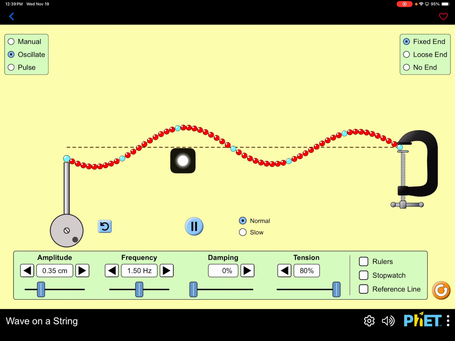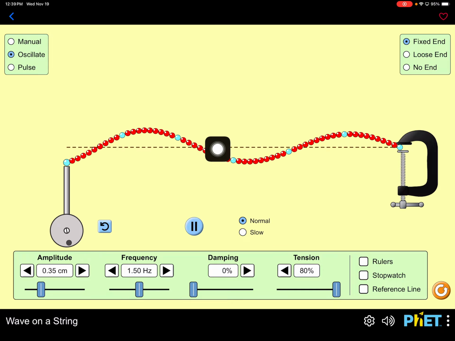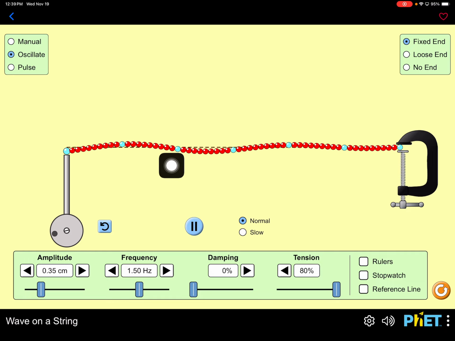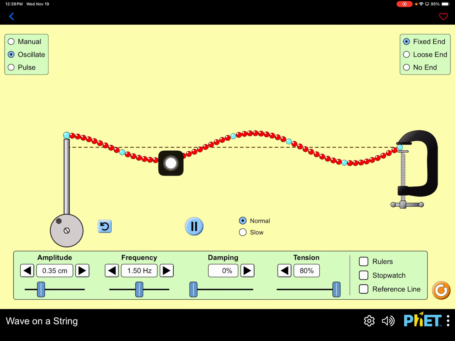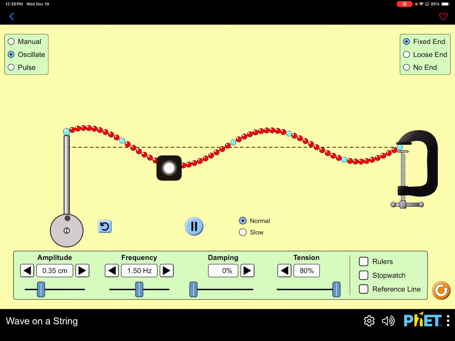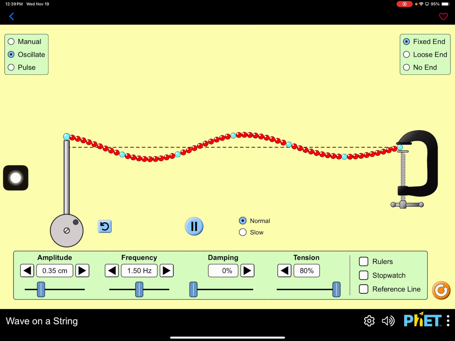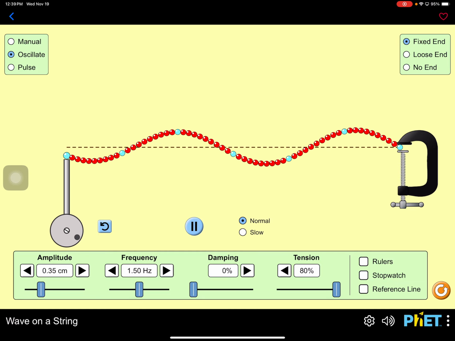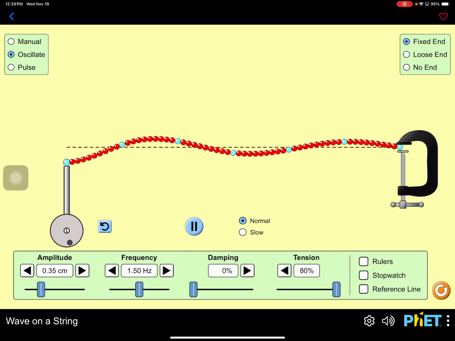When a wave passes through a medium, it is disturbing the medium. But the medium itself is not transported. That point is going nowhere. All it's doing is oscillating. Here's another demonstration of the fact that waves carry energy.